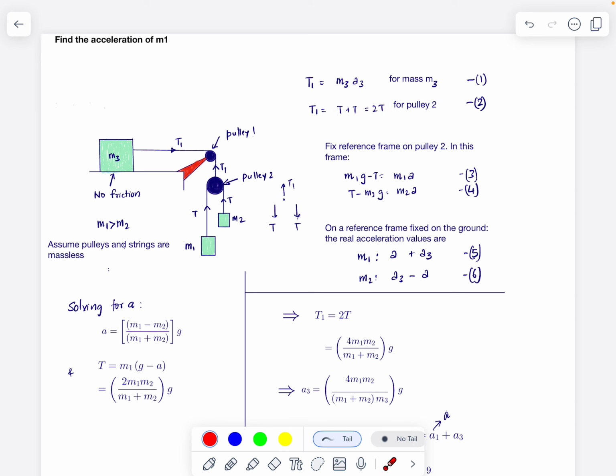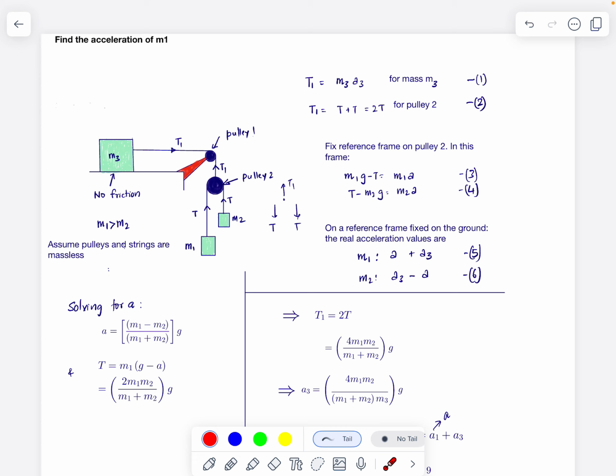So now is where we have a sleight of hand and we fix a reference frame on pulley 2. Here we find the relative acceleration of mass m1 with respect to pulley 2 and the relative acceleration of m2 with respect to pulley 2. The relative accelerations are the same, but opposite in sign, because m1 being greater than m2 is moving downwards and m2 is moving upwards.